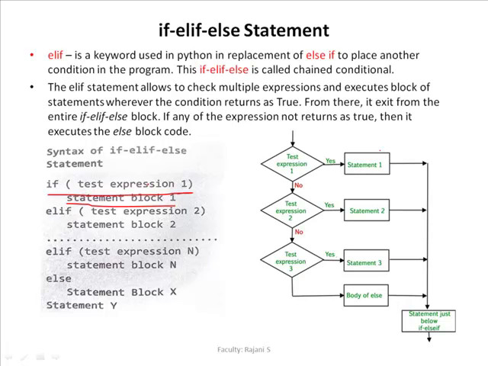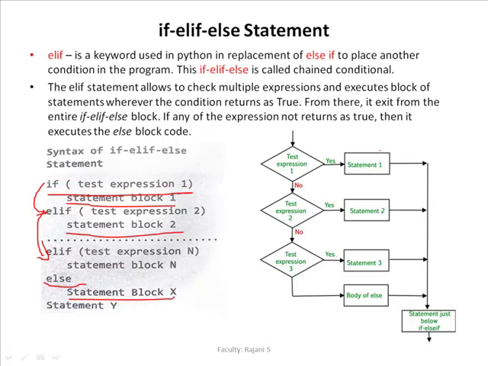But if test expression 1 is false, then it will go to the elif condition. If this elif condition expression is true, then it evaluates statement block 2. Otherwise, it will go to the next elif condition. Like that, it will continue until the condition becomes true. Otherwise, if all the conditions are false, then directly it will go to the else part to execute the statements inside the else part.